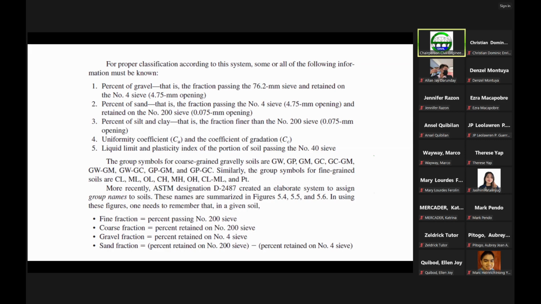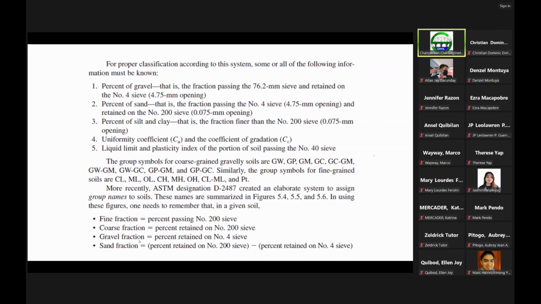This is also termed as plus number 200. In some problems, you will see those terminologies. So minus the percent retained on the number 4 sieve, that's the percent gravel.